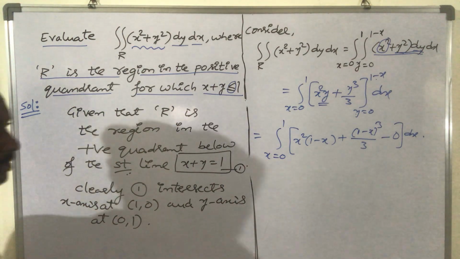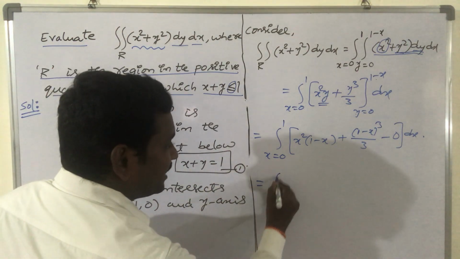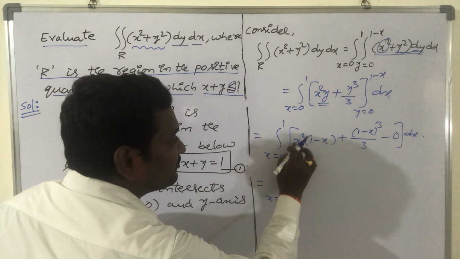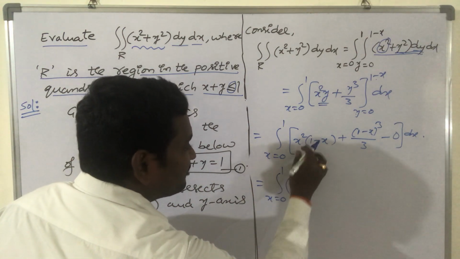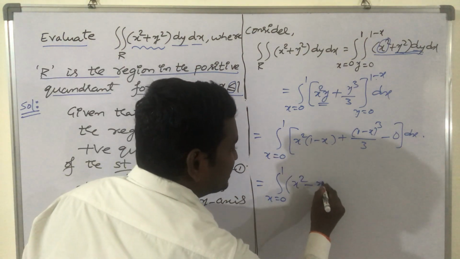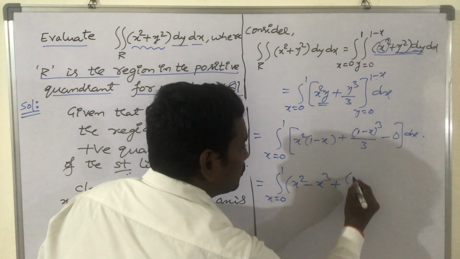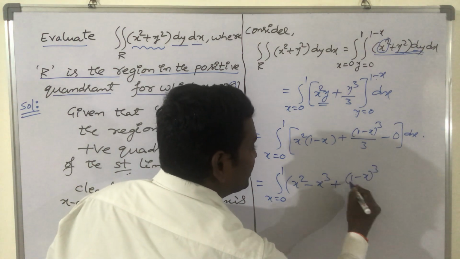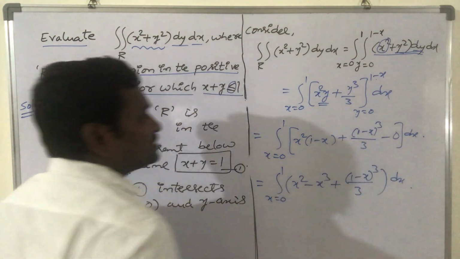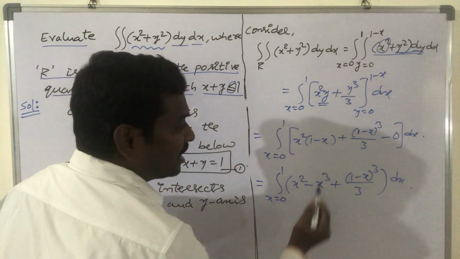Okay. Now simplify the inside terms. Integral x is equal to 0 to 1. Take these terms of x square to inside. x square into 1, x square minus x cube plus 1 minus x whole cube by 3, whole into dx. Don't expand this using the a minus b whole cube formula.